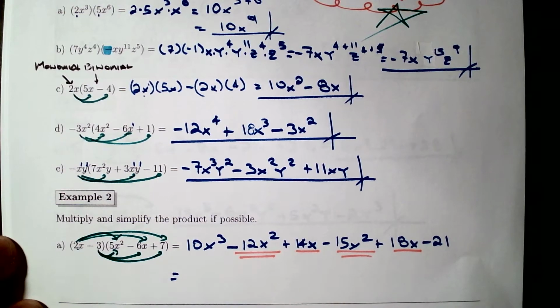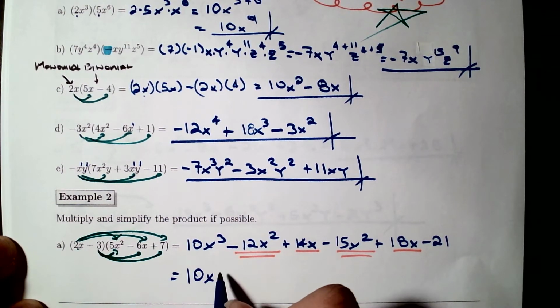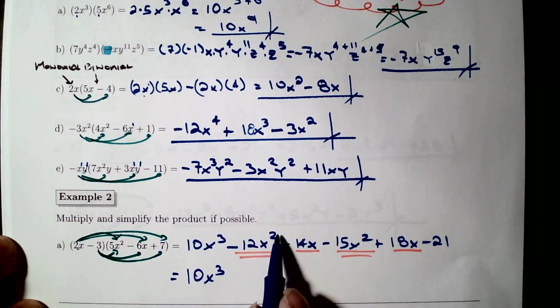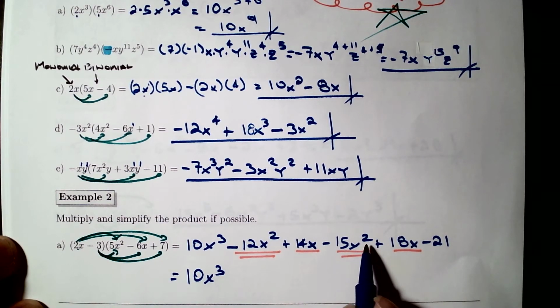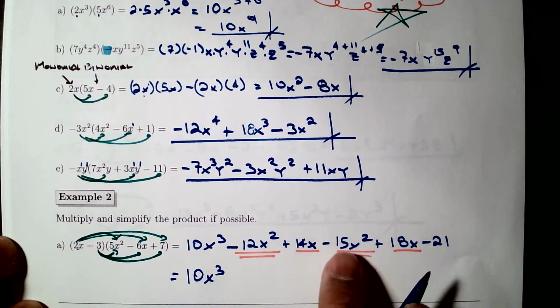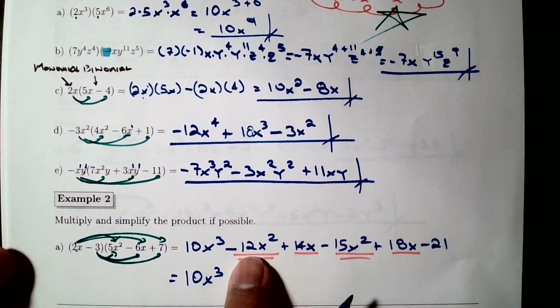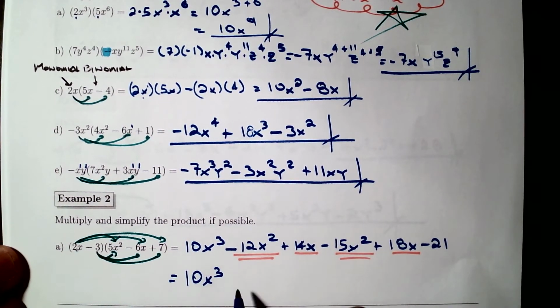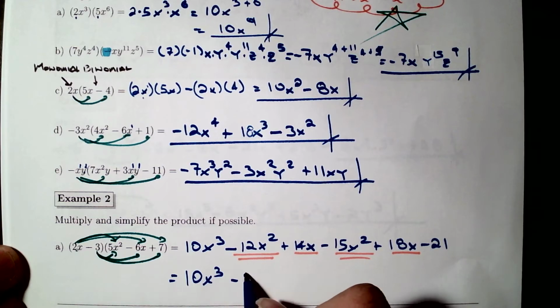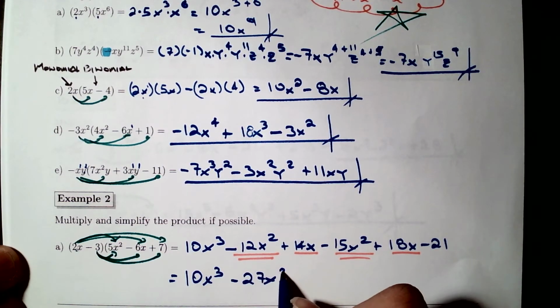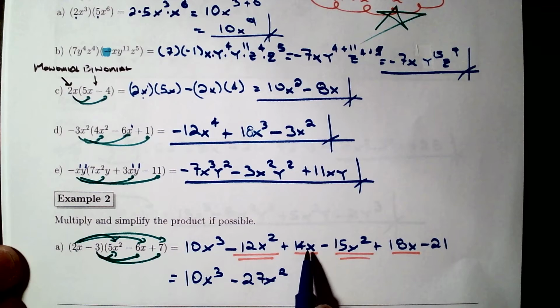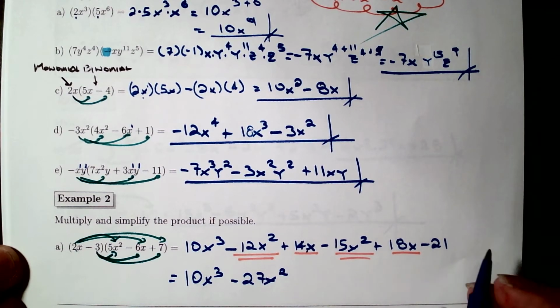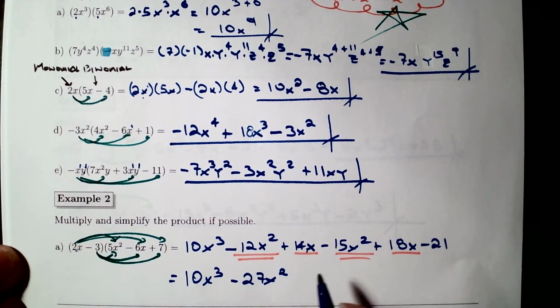So in this case, 10x cubed, and then negative 12x squared minus 15x squared, that's going to add up to negative 12 minus 15, that's negative 27x squared. And then 14x plus 18x, that's going to be 32x, and minus 21.